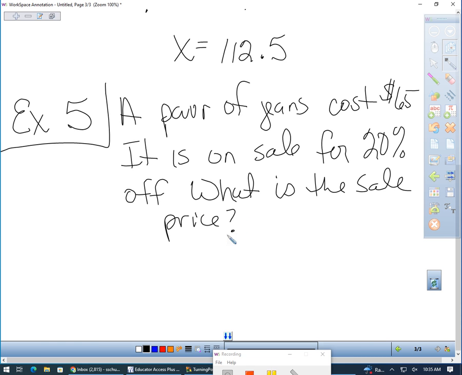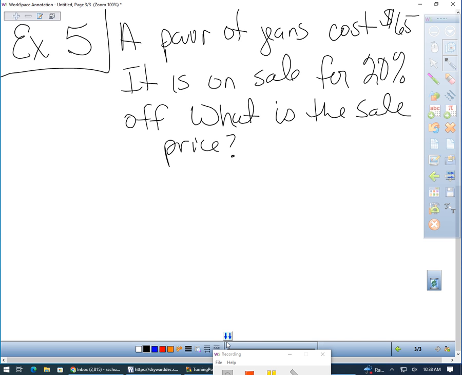Okay, now listen. We're going to start with percent over 100. If it's 20% off, the jeans are actually what percent? 80, thank you. If it's 20% off of them, they're actually 80% of their original cost. Then it says, what is, so what is going to go on top?